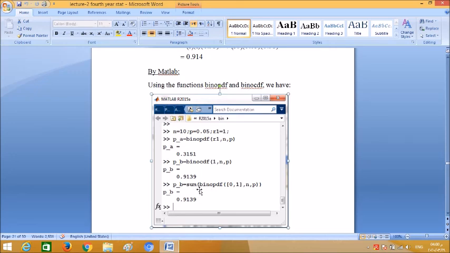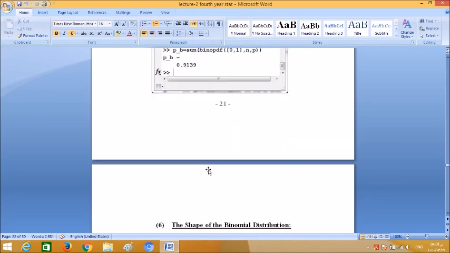So you can say sum of binopdf for 0 and 1, instead of 1 here, put 0 and 1, and N and P. So the same result will be obtained, okay? But it's better to use binocdf when the question is at most 1, at most 2, and so on.